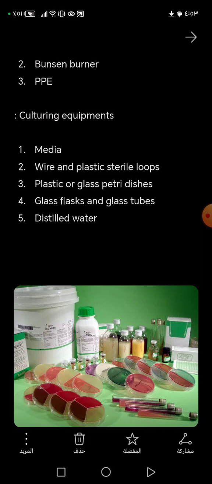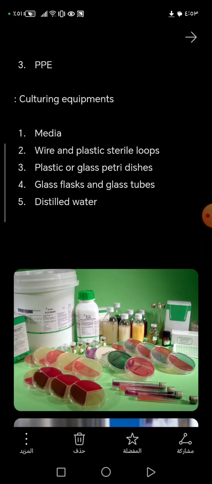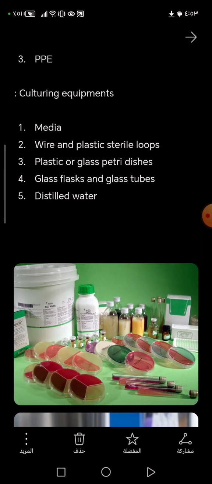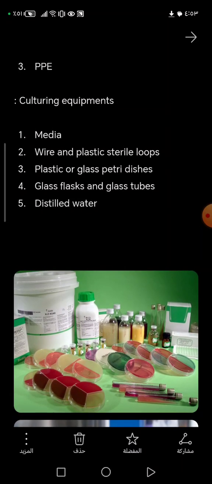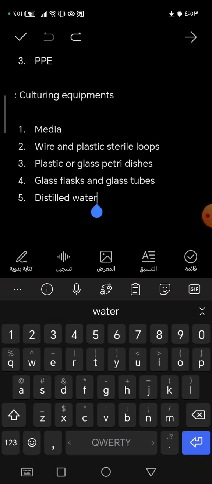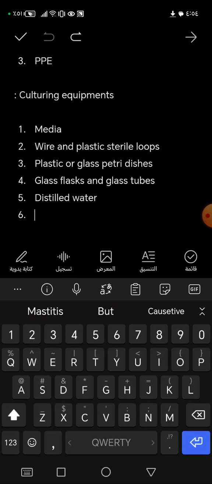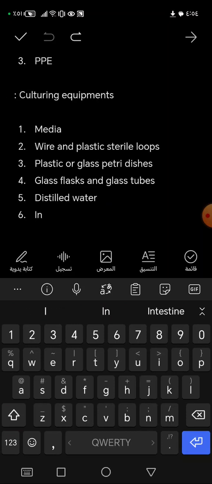Guys, let me give a simple explanation. Media comes in many forms. In their forms, they come in liquid, solid, and semi-solid, okay? The liquid is called broth, okay? And oh my god, we forgot something to write, which is incubator. Okay.